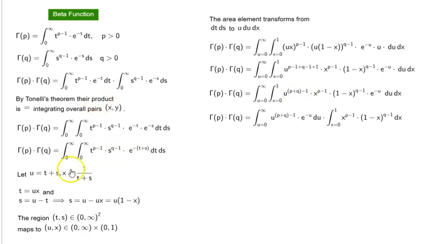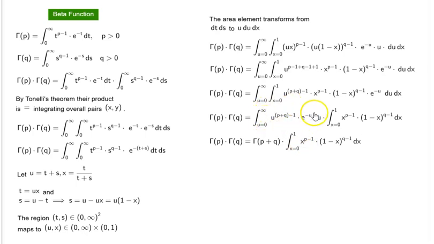Again, we split it. Remember Tonelli's theorem? We can combine them into a double integral, or we can split the double integral into a product of two integrals. So here we are splitting this double integral. Integral u equal to 0 to infinity of u to the power of p plus q minus 1 times e to the power of minus u du, times the integral x equal to 0 to 1 of x to the power of p minus 1 times (1 minus x) to the power of q minus 1 dx.